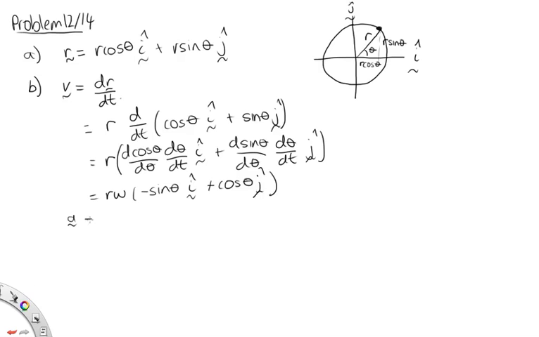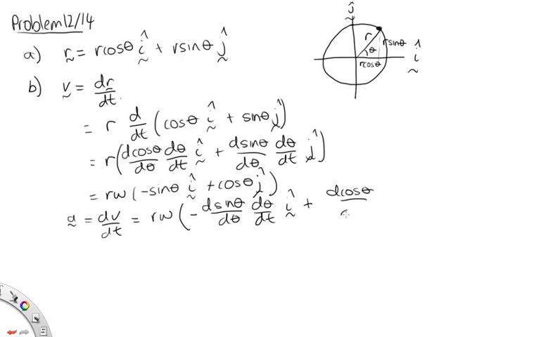For the acceleration, we have to take the derivative of this. Now this is uniform circular motion, so omega, the angular velocity, is not changing. So this just stays as a constant out the front. So we have r omega, and then this time when we take the derivative, we've got d sine theta/d theta times d theta/dt in the i direction, plus d cos theta/d theta times d theta/dt in the j direction.